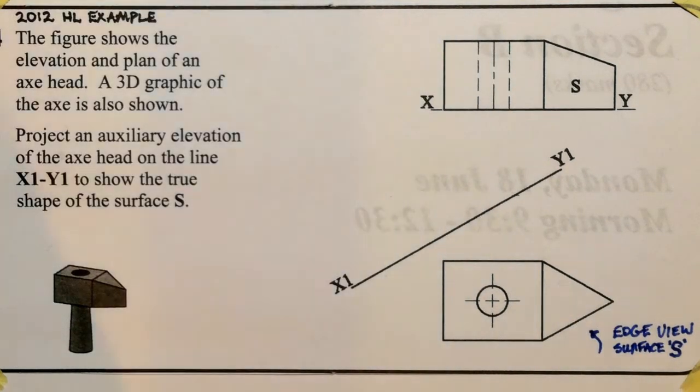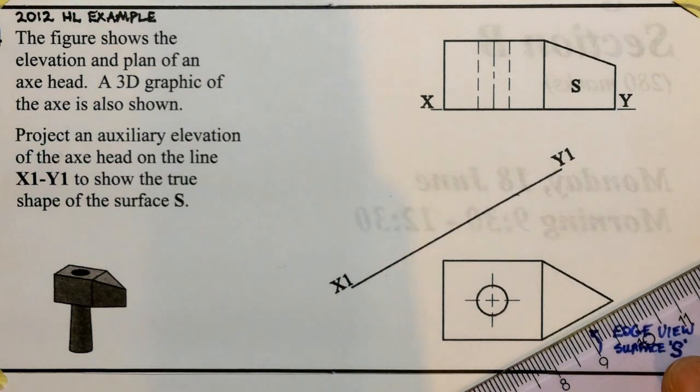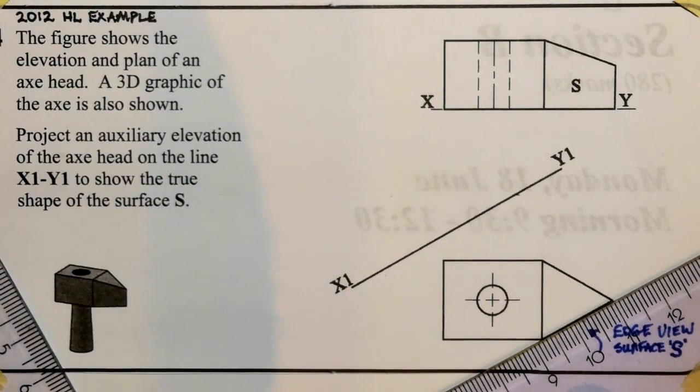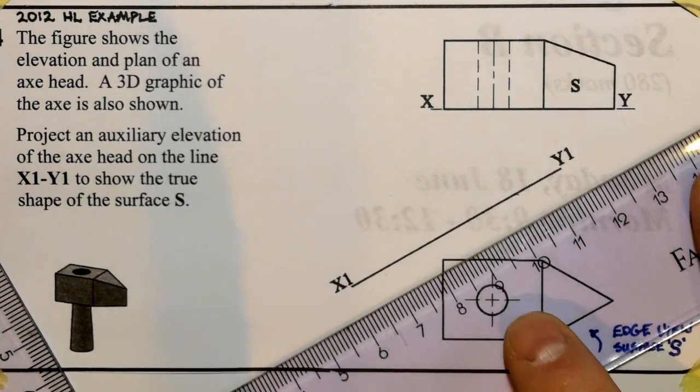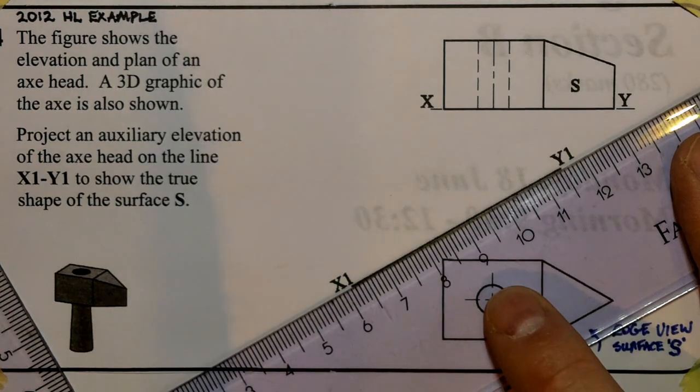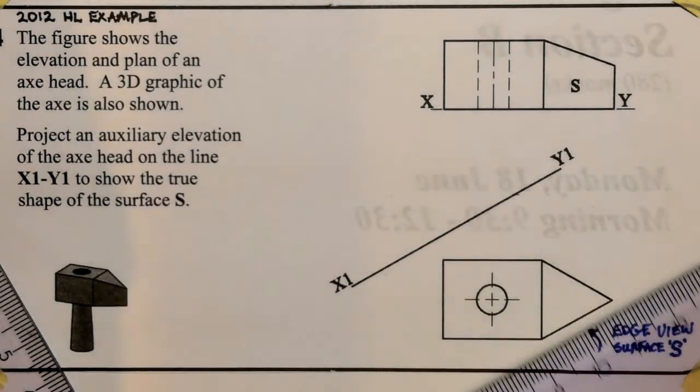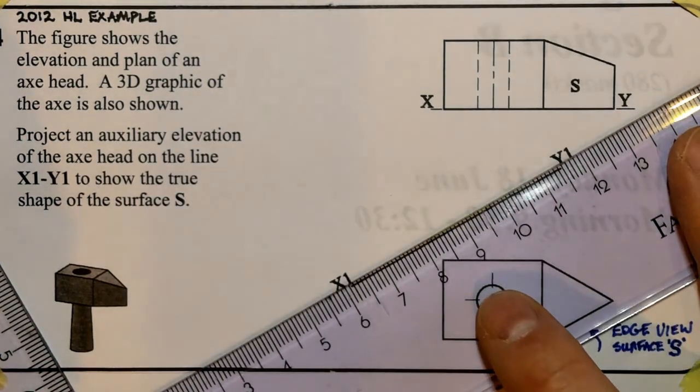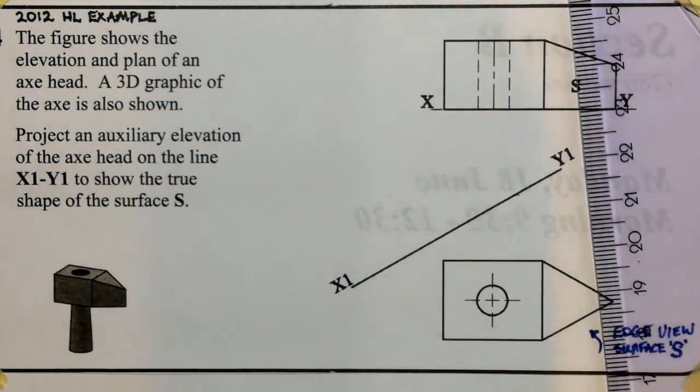Well, when we try to find the true shape of any surface, we always align our auxiliary view with that surface S. And if I were to line up my set square with that line for surface S and bring it out to the x1, y1, we'll see that they're the same angle. So the edge view and the x1, y1 will always be the same angle.